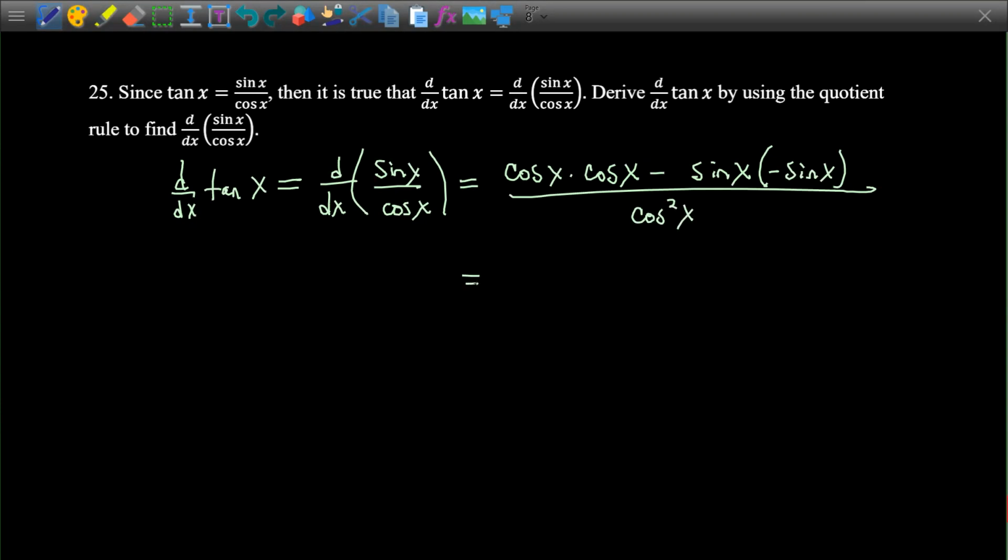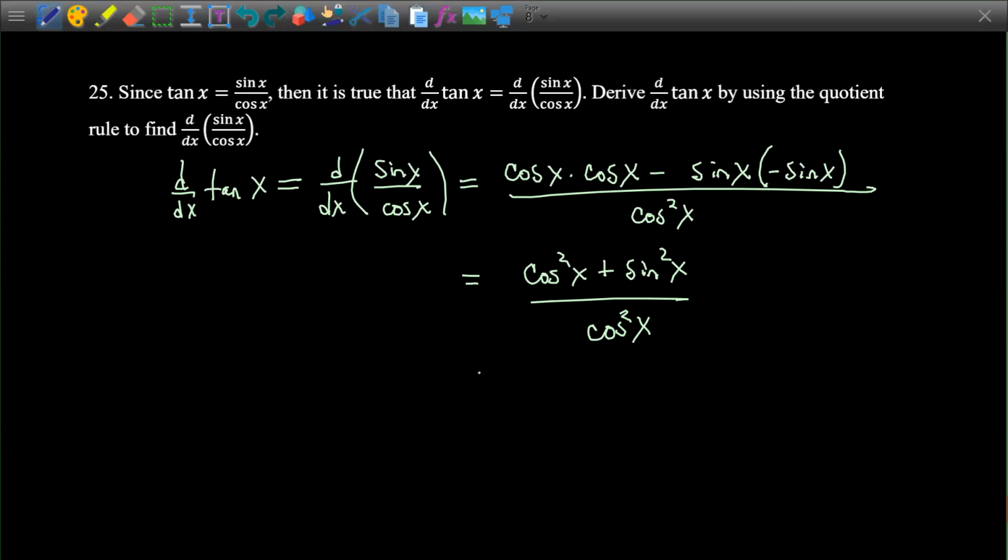And so we have the cosine squared of x, and then minus sine times minus sine. So it's going to be plus sine squared of x over cosine squared of x. You can actually do this a couple of ways.